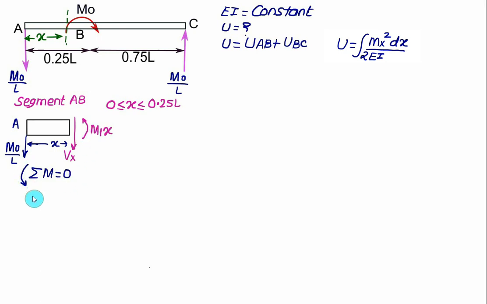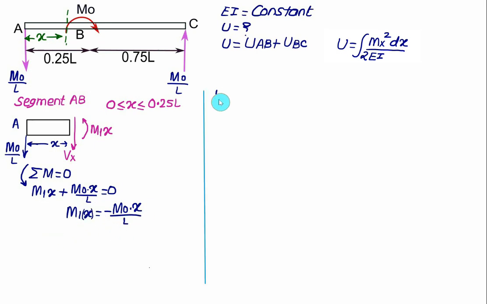So we have M1x as a positive value, and the moment of M0 divided by L above the given section plane is anticlockwise, that is also positive, M0 multiplied by x divided by L, equal to 0. In this case we have M1x equal to minus M0 multiplied by x divided by L. This one is M1x.